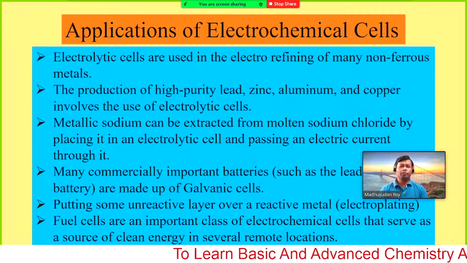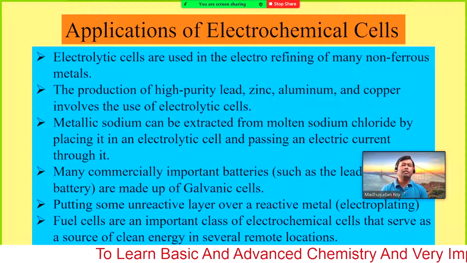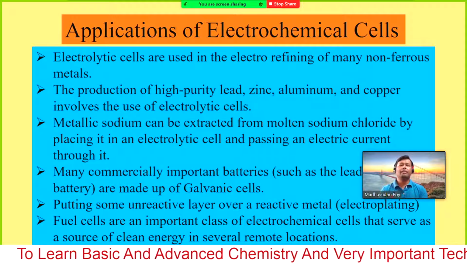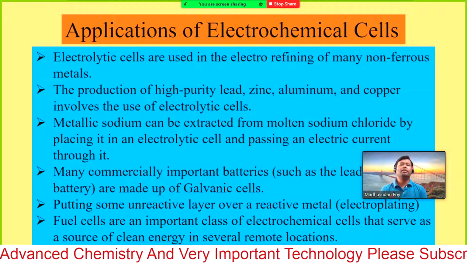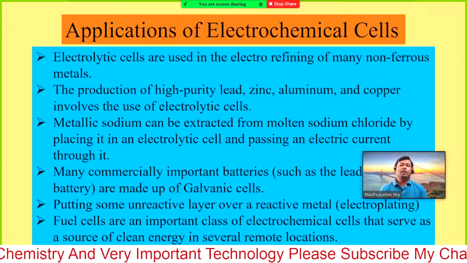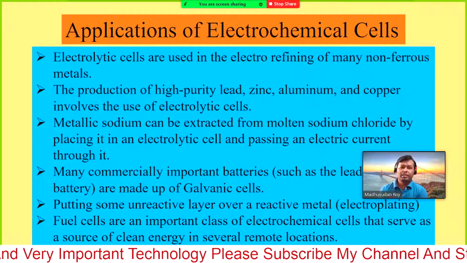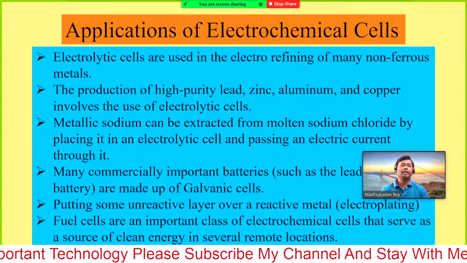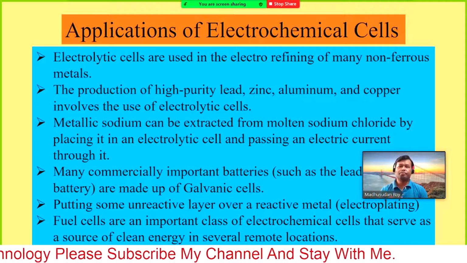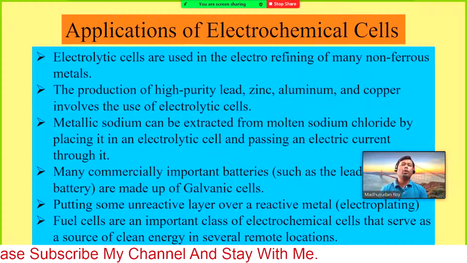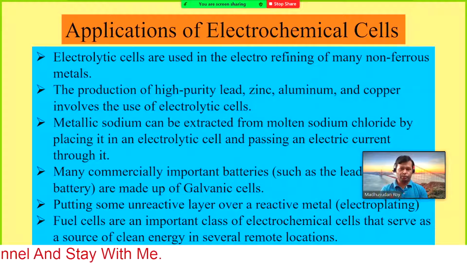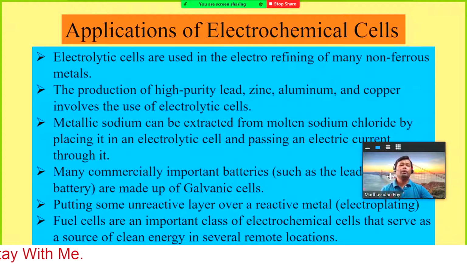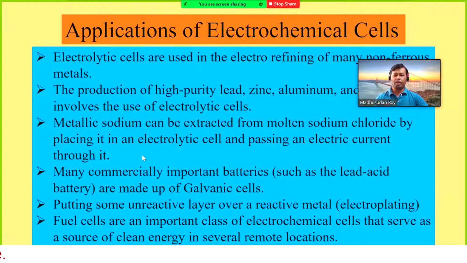So if we pass electricity through it, making an electrochemical cell with molten sodium chloride, then we can get sodium and chlorine gas at the electrodes. By this way we can extract sodium from sodium chloride.